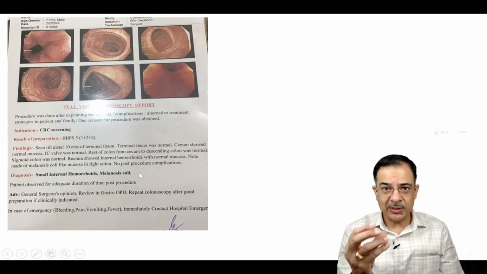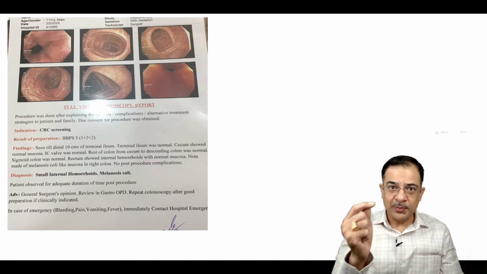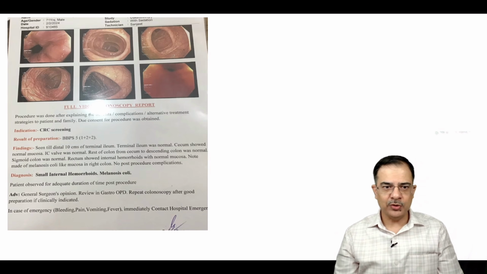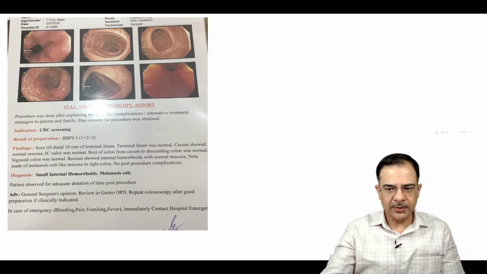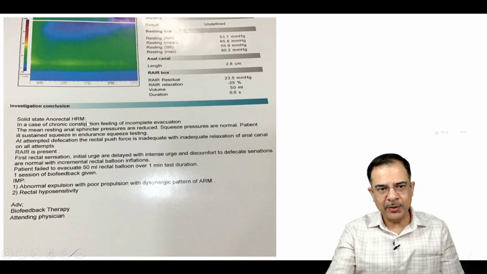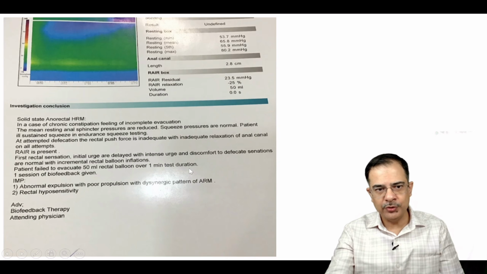So what is the reason for that black pigmentation of the colon? The patient was taking senna. Senna causes melanosis coli, the typical side effect. And when the anorectal high resolution manometry was done, there was an inadequate relaxation of the anal canal, and the patient failed to evacuate a 50 ml rectal balloon over the 1 minute test duration.